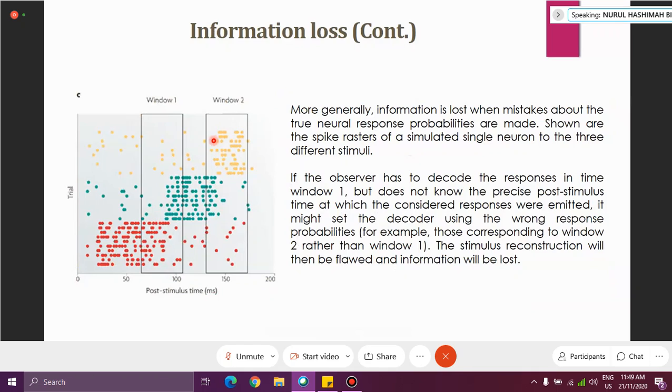That's to make sure that your sensory system is working right, so your response is also right. In this state, if we decode this, this is an example of information loss.